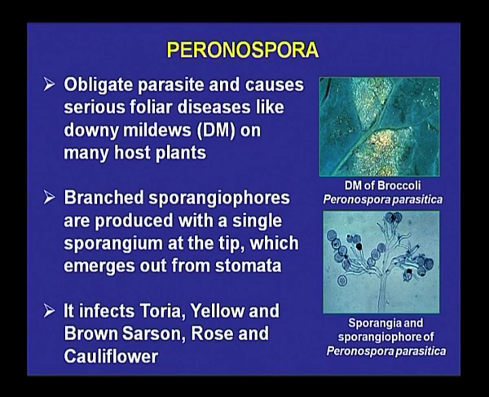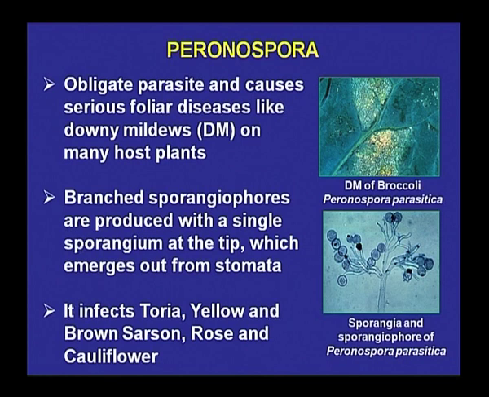You see here that white downy growth is seen under the leaf surfaces, and branched sporangiophores are there. In this case, it is branched, and it produces a single sporangium on the tip, which emerges out from stomata as shown in the case of Phytophthora.